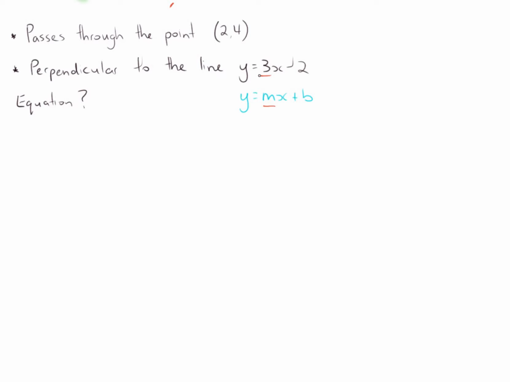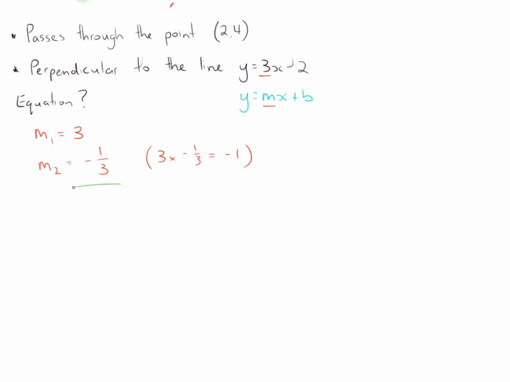So if the gradient of the first line that we've been given is 3, then our line, the second line that we're going to find the equation of, must be minus 1 on 3. Right, because 3 times minus 1 on 3 is just negative 1. That's sort of like our little proof for showing two gradients are perpendicular.